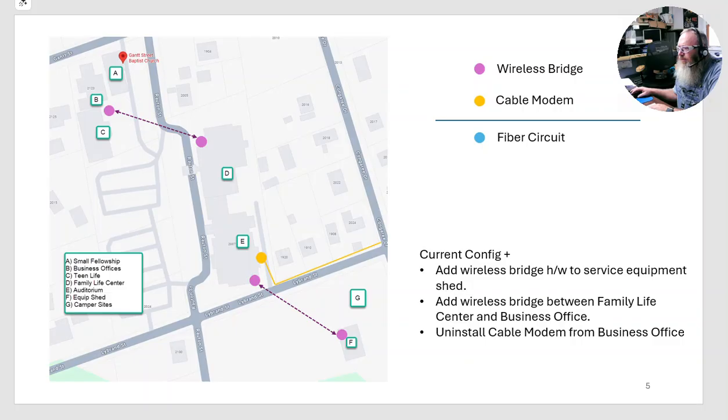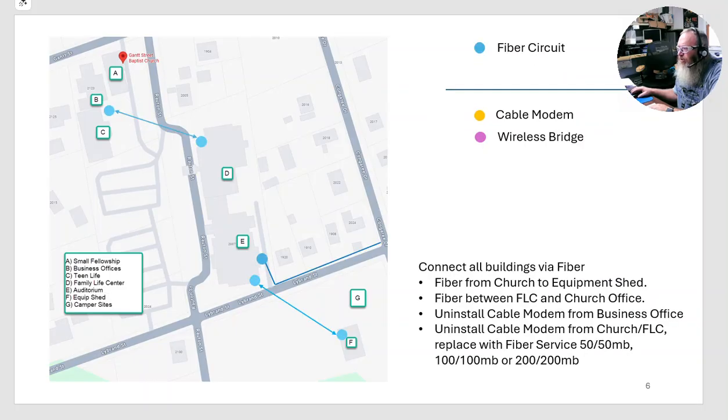Now the last or final option to consider would be to get rid of the cable modems altogether, not put in the wireless bridge, and have fiber service brought in from an internet service provider like Spectrum or possibly Kinetics or some other company, and put a fiber circuit directly into the service, and then have fiber network buried from the auditorium over to the bus barn, and also from the Family Life Center over to the business office.